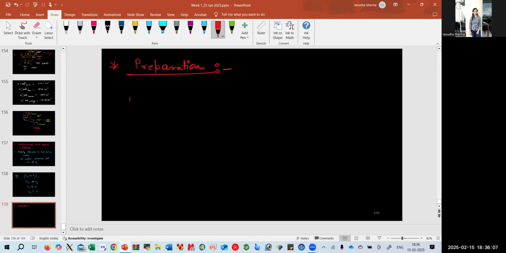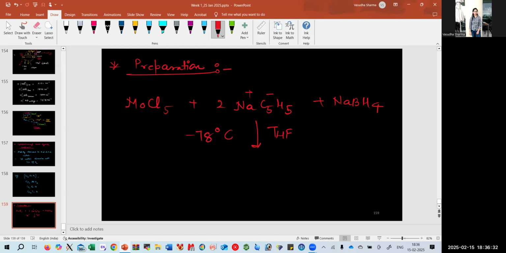We are taking molybdenum Cl5, like simple molybdenum chloride. When it is treated with sodium C5H5, as you know it would form the positive and minus Cp group, and in the presence of a reducing agent, sodium borohydride, we have used a solvent which is THF at minus 78 degrees temperature, because it could be an exothermic reaction.